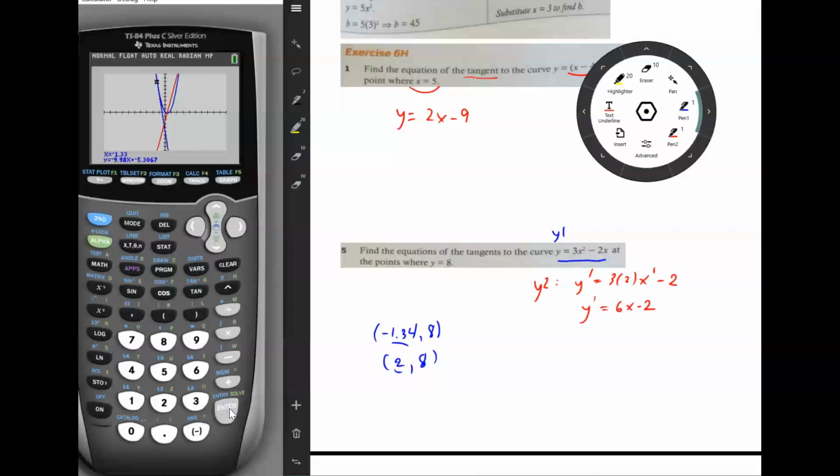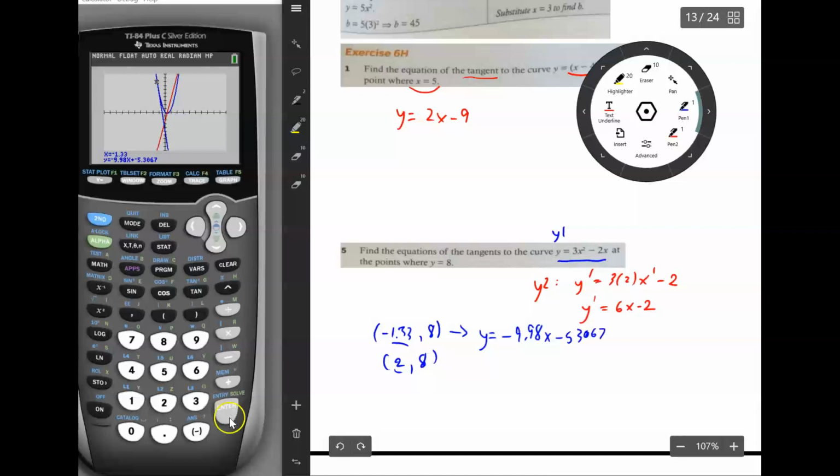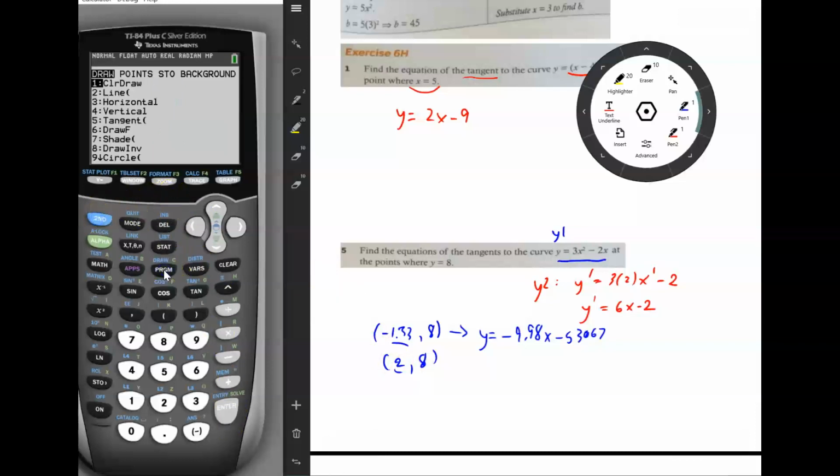Okay, so this tangent would be y equals negative 9.98x minus 5.3067. And then the other tangent at x equals 2, I find the same way. I do second draw tangent, which is number 5, and then I type in x equals 2.